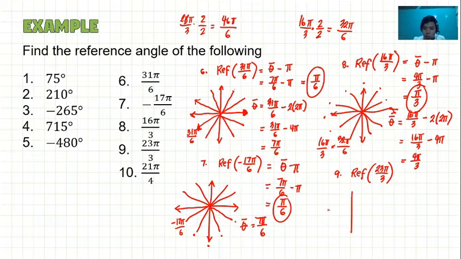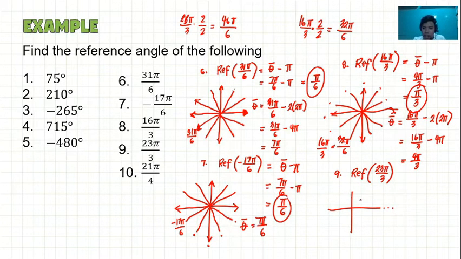Okay? So don't we know that one revolution is 12 pi over 6. So this is already 12. Another revolution, 24. Then another revolution, 24 plus 12, that is 36. Right? So therefore, this is already 36.